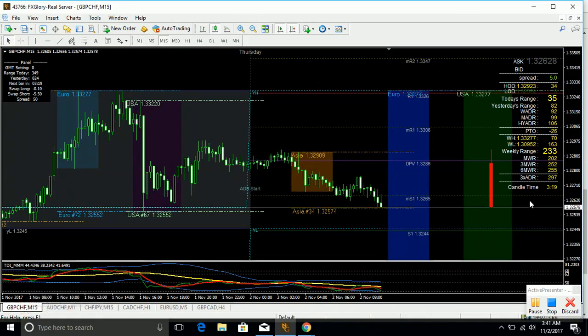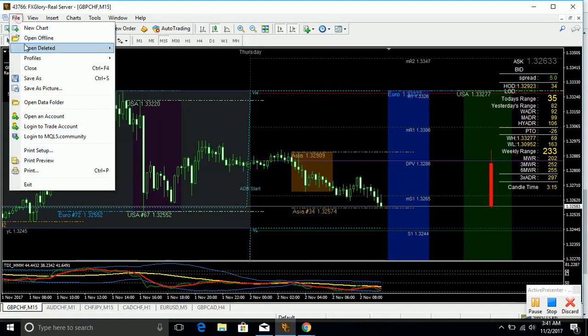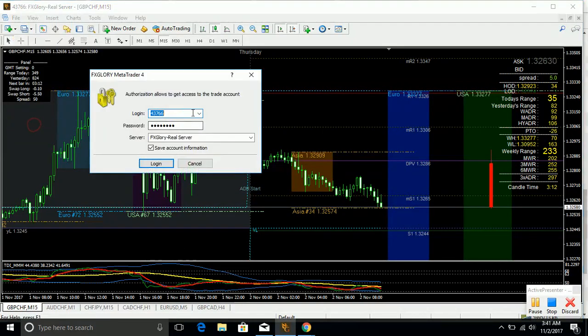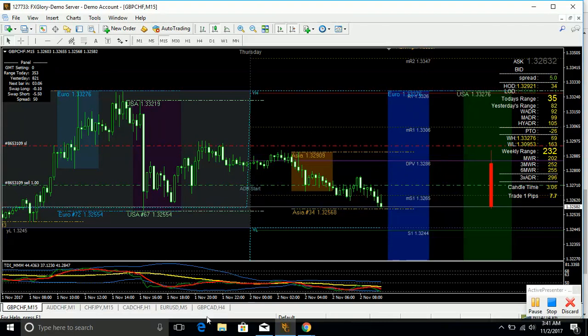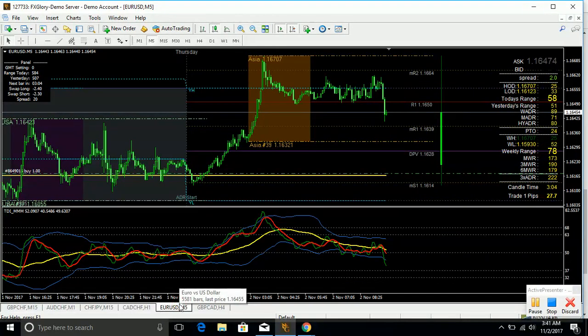Alright, here we go on the CHF. Let me switch over here. I have some trades in on this account right here. I have a buy here in this level.